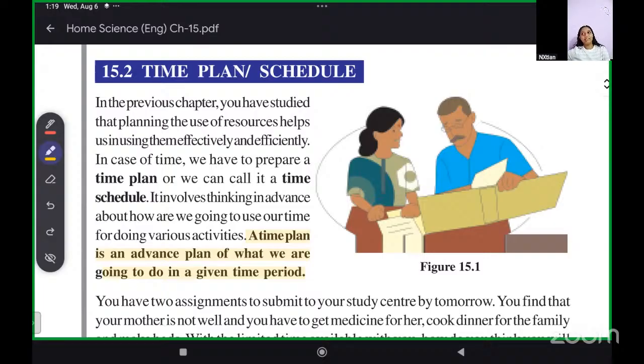One example is that whenever I have my exams, always, I prepare a time schedule or time plan to study. Usually it is a 1 day or 2 day time plan.